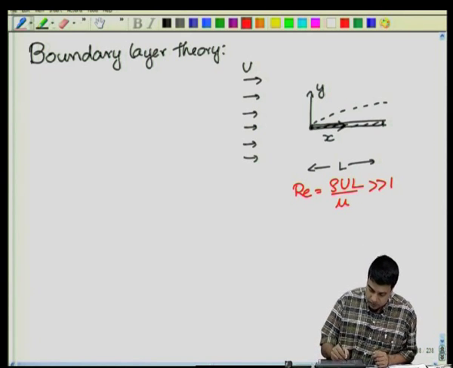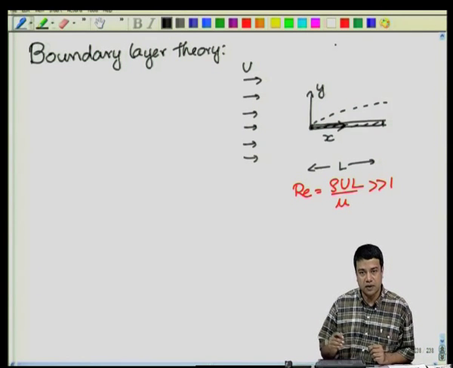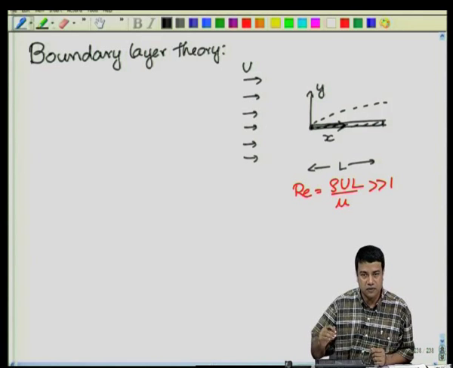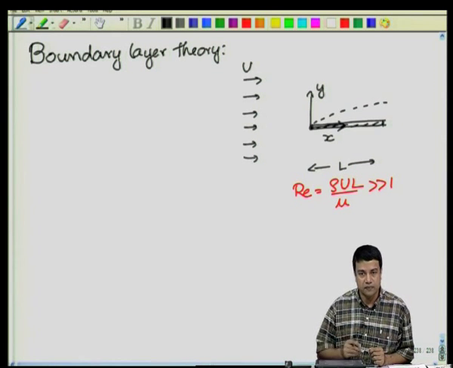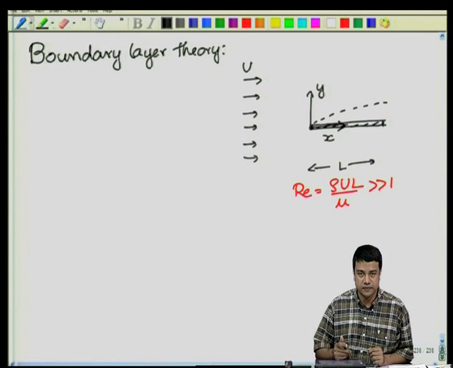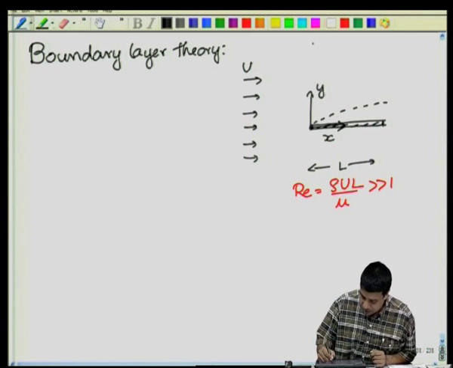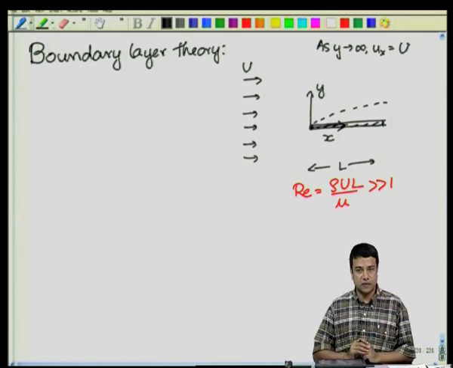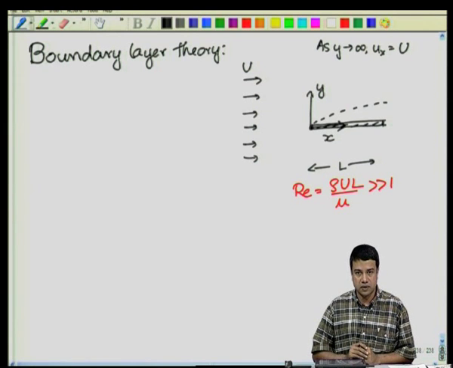So, you require as boundary conditions, since the flow is not affected by diffusion from the plate far away, how far we shall see, but if you go sufficiently far away, there is going to be a region where the flow is not affected by diffusion from the surface. In that case, you require that as y goes to infinity, ux has got to be equal to the free stream velocity U. So, that is one of the boundary conditions.